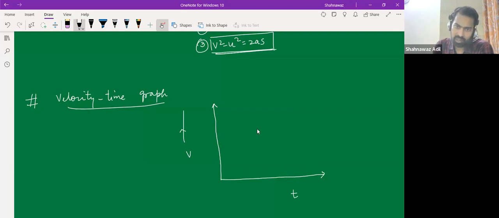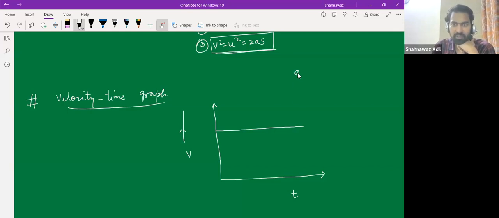If a velocity time graph is constant, this means what? That velocity at different points is the same. So the change in velocity would be what? If you are drawing a constant graph, then for these kinds of graphs the velocity is the same, right?